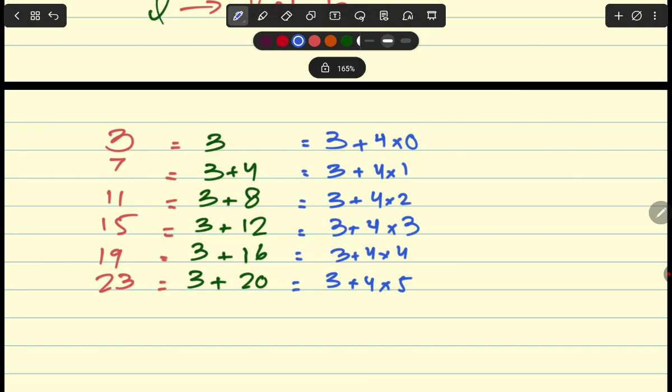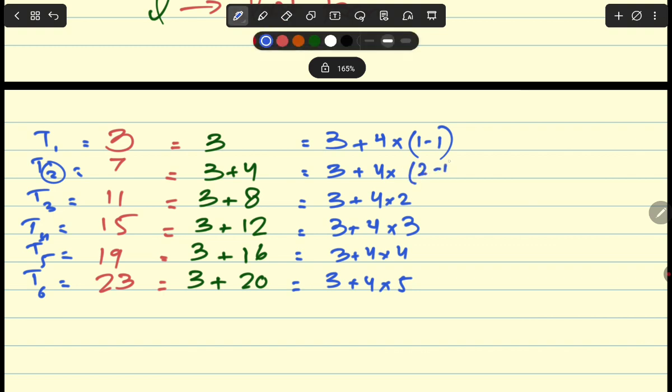Now, can you see that this is the first term, second, third, fourth, fifth, and sixth term? When the term was first, this was 0, so I can rewrite it as 1 minus 1. When the term was 2, this was 1, so I can rewrite it as 2 minus 1.